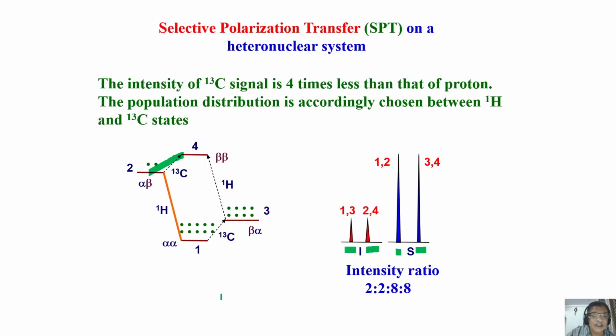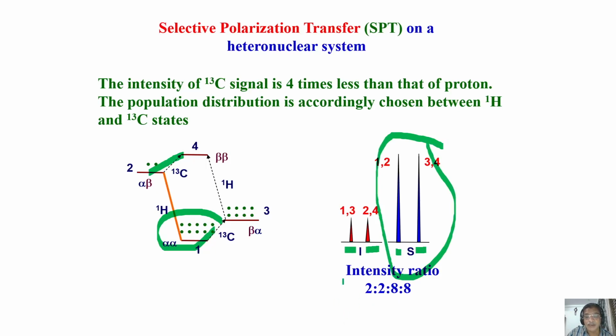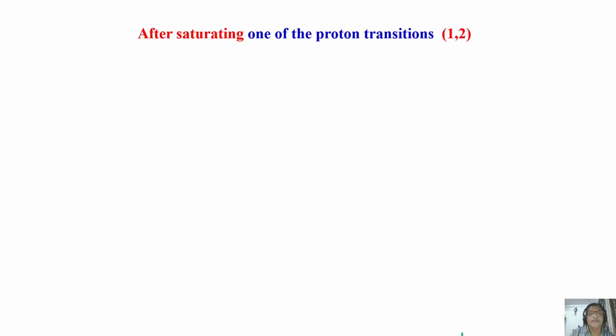Now you understood why I chose different spins here: 10, 8, 2 and 0. Because now compare the intensity ratio. 2 to 8: the proton intensity is 4 times larger than the carbon intensity, which is 4 times because of the lower gamma. Deliberately I wanted to choose this. Now see how much is the gain in signal intensity for selective population transfer and selective population inversion. Understand now. Okay.